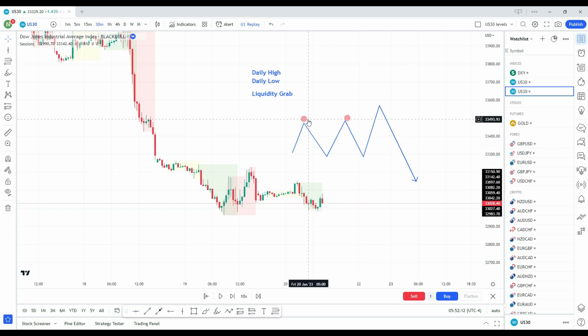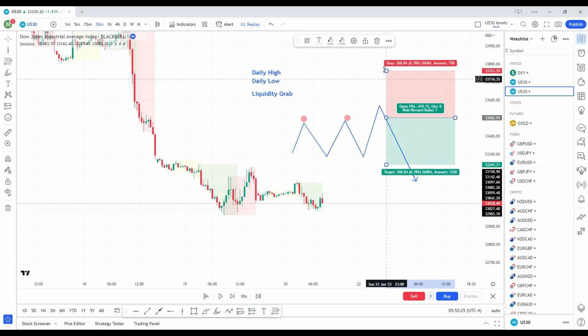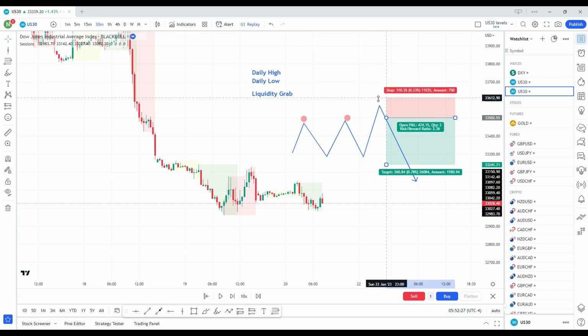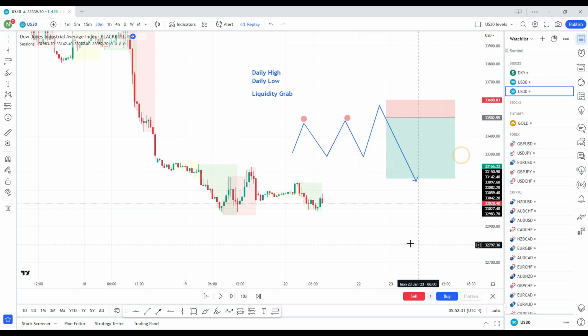So you don't want to be trapped in this zone. You want to wait until they manipulate this zone. Once they have stopped out most of them, you join them and make a sell, because the last thing you want to do is to go against the big banks. So you move with them. So that is it for liquidity.